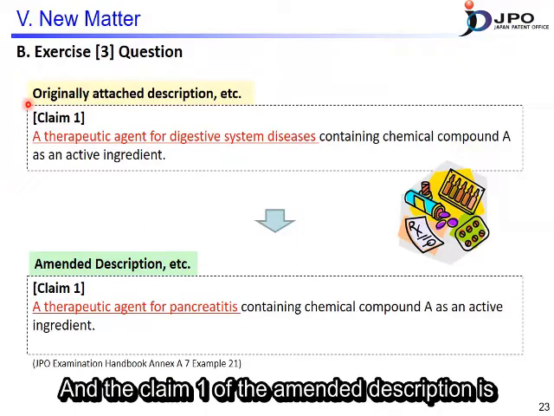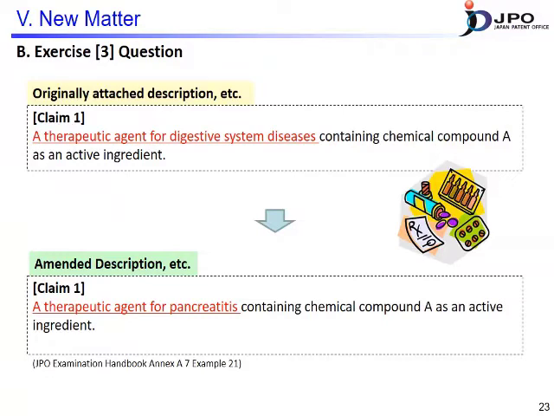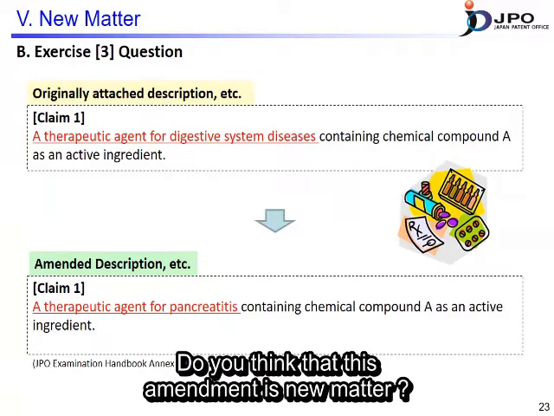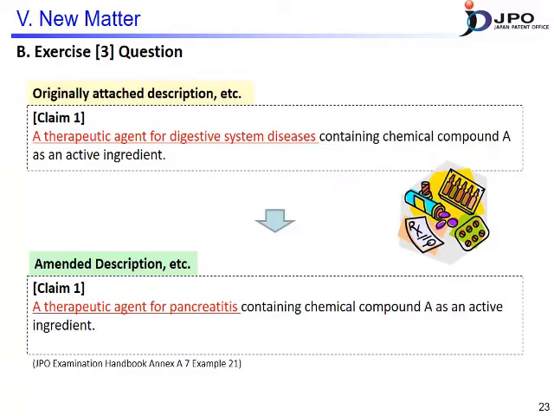And the claim one of the amended description is a therapeutic agent for pancreatitis containing chemical compound A as an active ingredient. Do you think that this amendment is new matter?